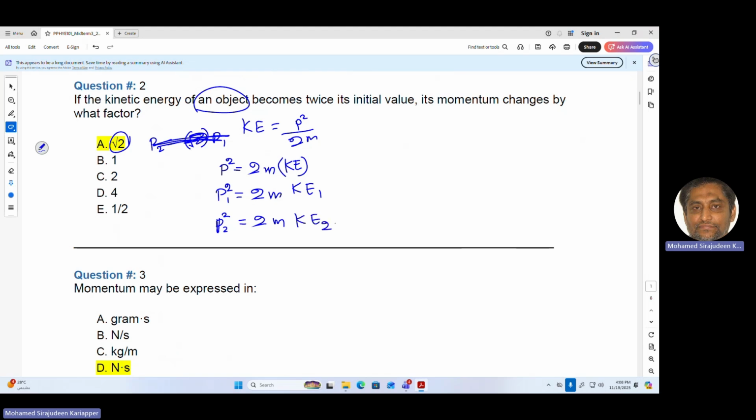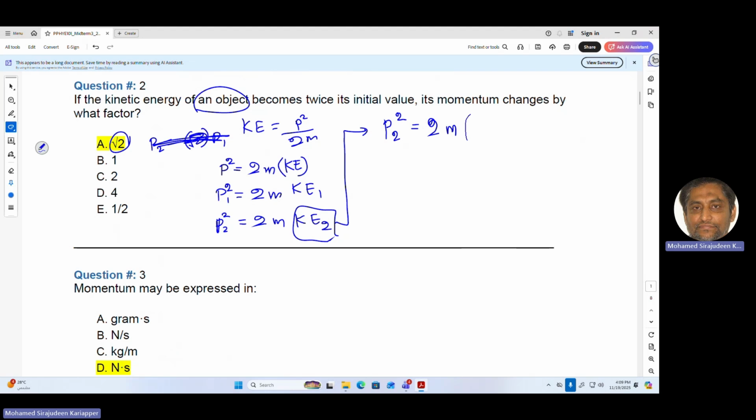Now I look at this equation, and I'm going to substitute for this P2 as much as possible with the 1 terms. So P2 squared is equal to 2, which is a constant. It is not changing when you go from 1 to 2. M is also not changing, the same object. So only the kinetic energy is changing. And we have been told in the question the new kinetic energy is 2 times the old kinetic energy.